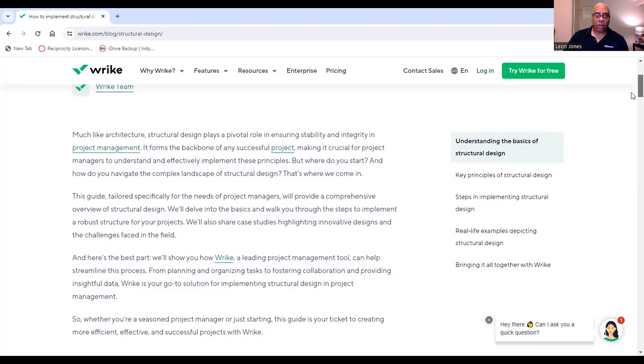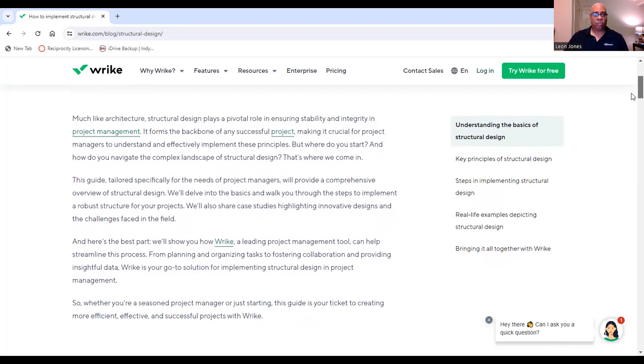But where do you start? And how do you navigate the complex landscape of structural design? And that's where you are going to deal with structural engineers and project managers. In this article, it's basically, if you're in construction, it is tailored specifically for project managers or construction managers.